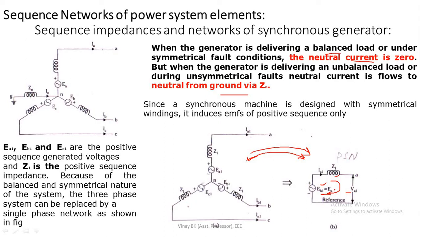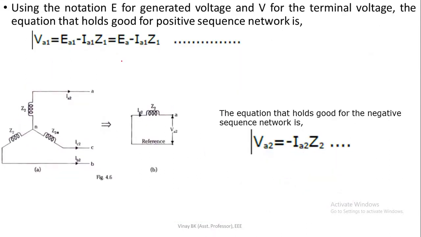Now EA1 equals EA, because as we discussed in a previous video, the synchronous generator generates only positive sequence voltage. That derivation was explained in the previous video. So instead of EA1 I can write EA minus IA1 into Z1. Give this as equation number 1.